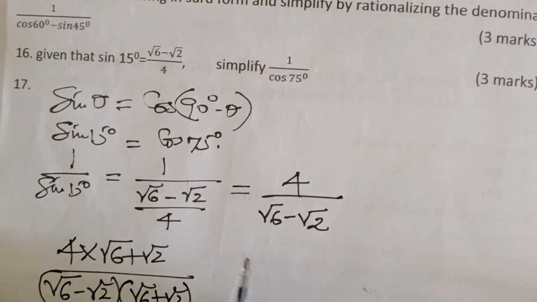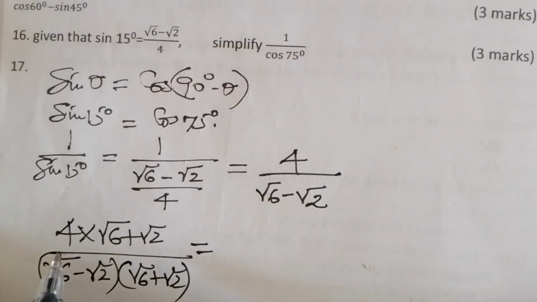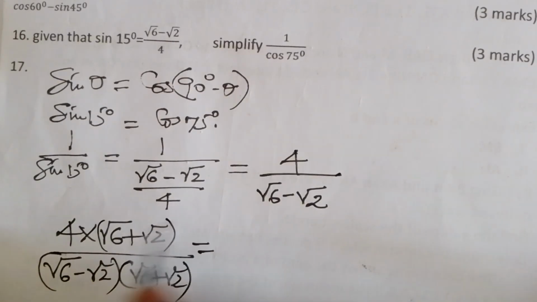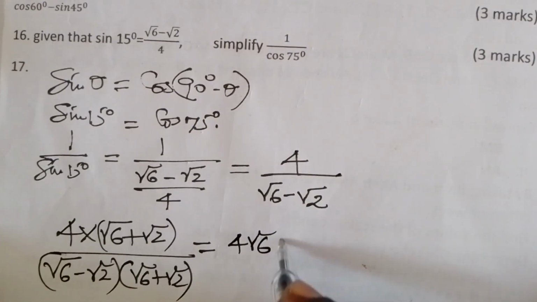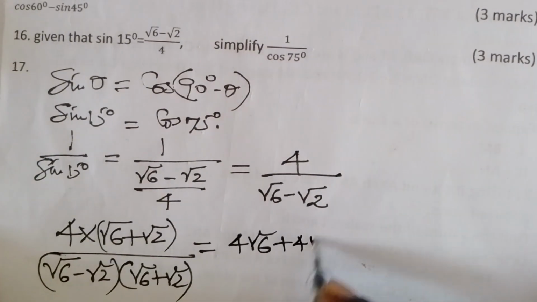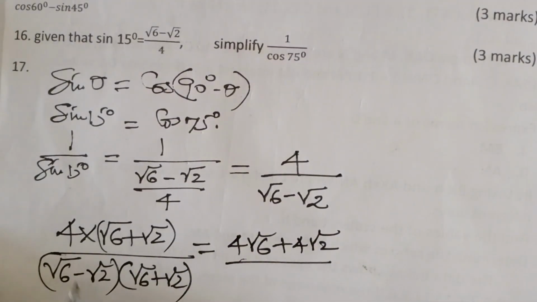So again, this simplifies into, when you multiply everything in the numerator by 4, 4 root 6 plus 4 root 2 divided by, this becomes now the difference of two squares, root 6 squared minus root 2 squared.